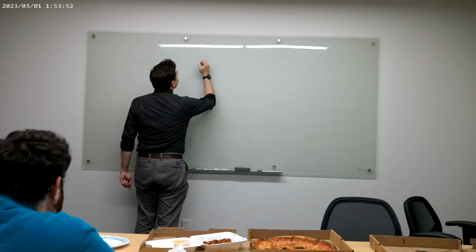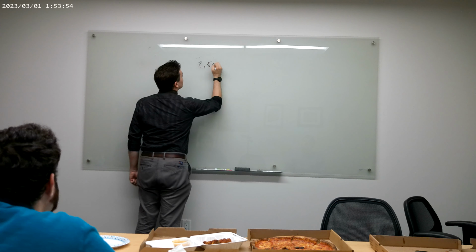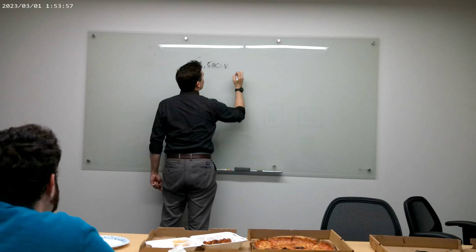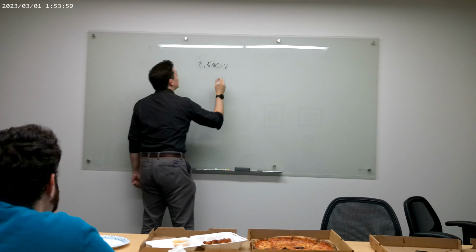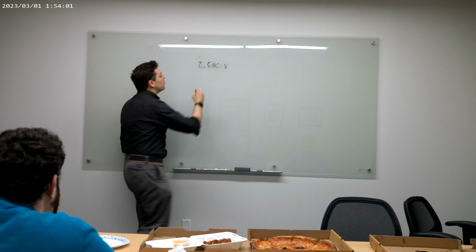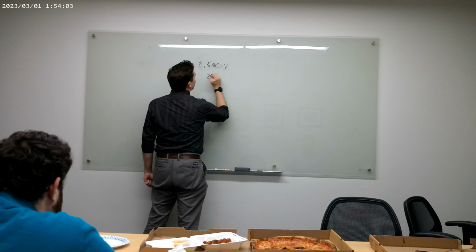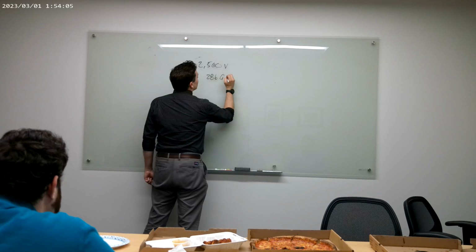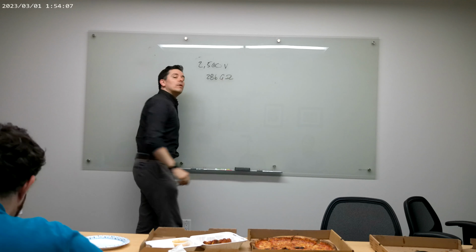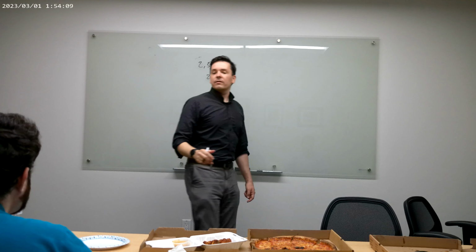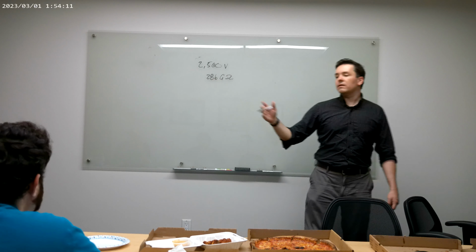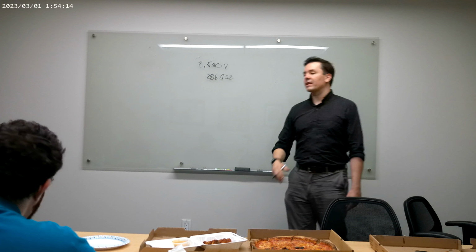So on a 2,500 volt megger, we received a value of 286 gigaohms. No, I can't make the math easy for you. What was your measured leakage current? What did your megohm meter measure for leakage current?